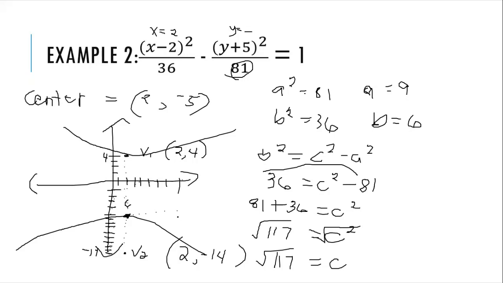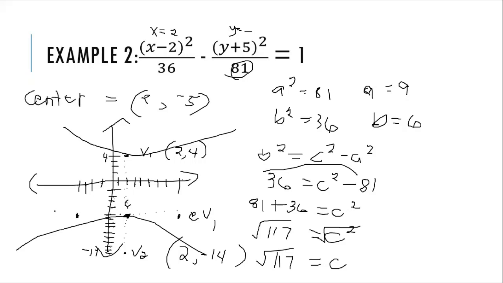So this is the covertex 1, CV1. Then from here, 6 again. 1, 2, 3, 4, 5, 6. So this is tapat lang po.